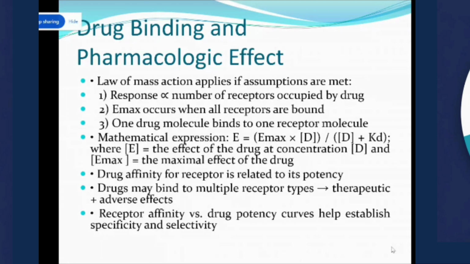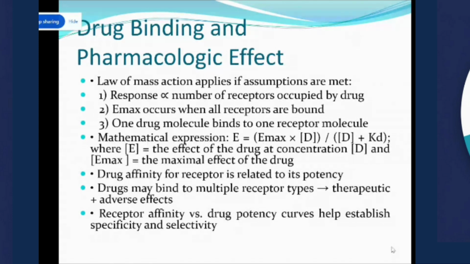Read that one. Law of mass action applies if assumptions are met. Number one, response is directly proportional to the number of receptors occupied by drug.